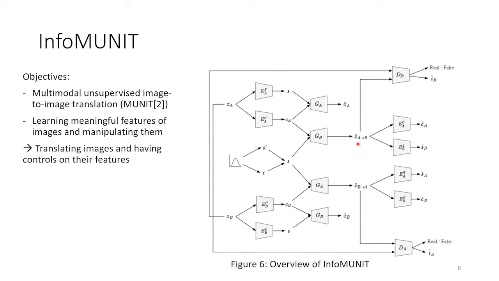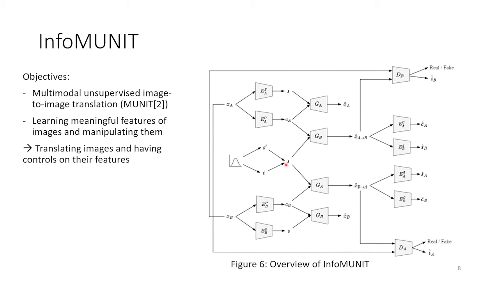Also, as we can see here, we have a discriminator which learns to detect fake and real images. The presence of the discriminator helps increase the quality of the generated image. At the same time, it learns to reconstruct the information, the latent code, which is embedded into the style code.